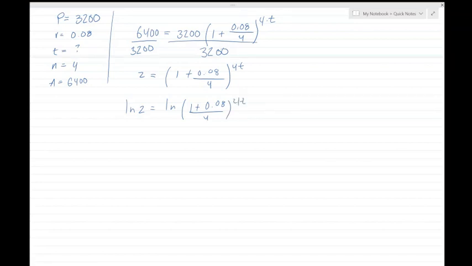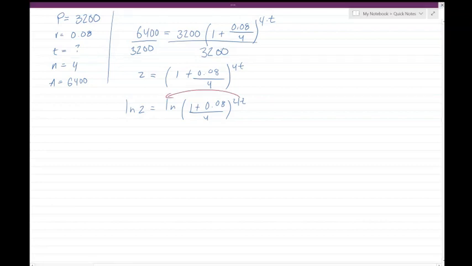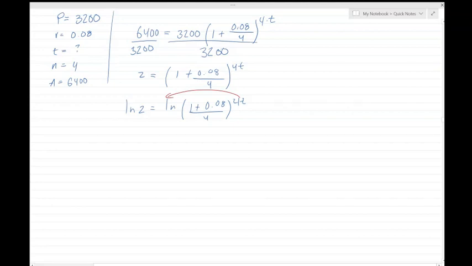And now that we have it in terms of a logarithm, we'll bring the power down and have ln 2 equals 4 times t times ln of 1 plus 0.08 over 4, and perhaps we could simplify this so that we don't have to keep writing the same thing.